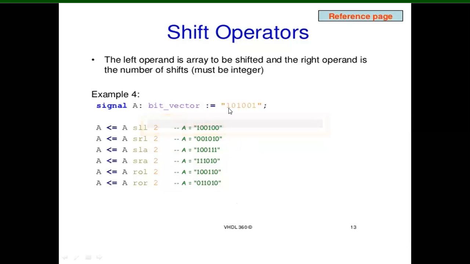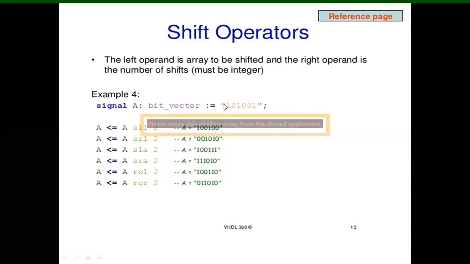Already you know that to represent an array of bits, we always put it between double quotes. So take this example 1 0 1 0 0 1.